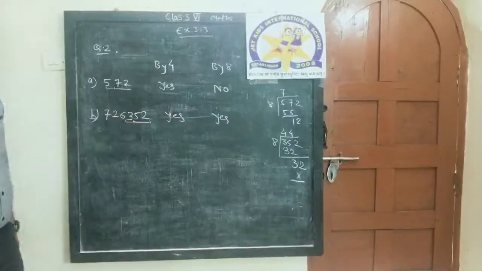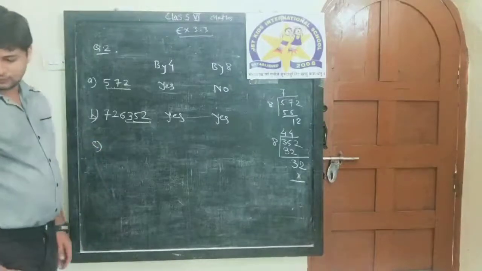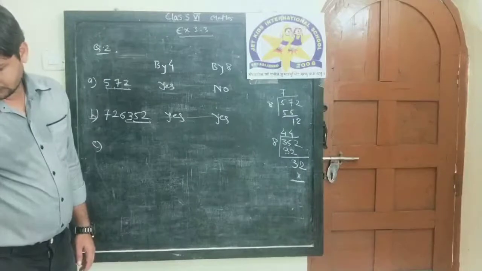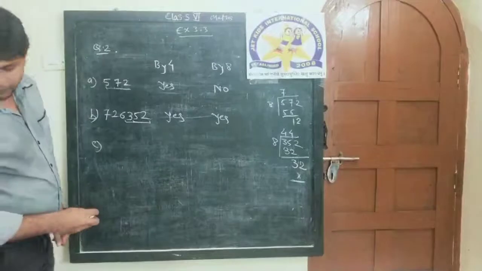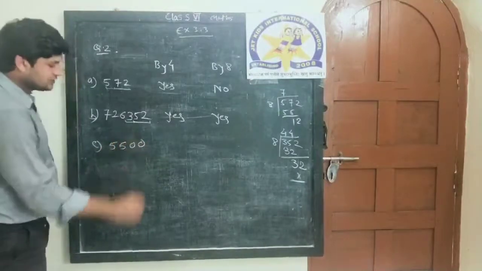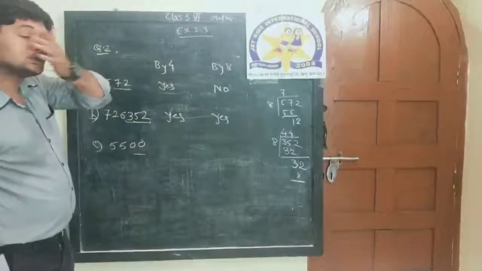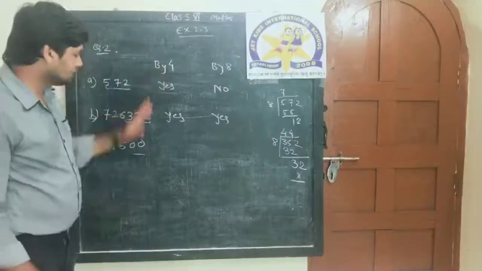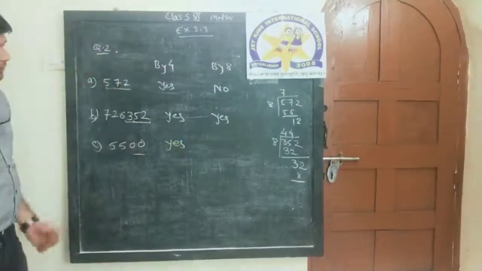Now C is 5500. First check the last 2 digits. The last 2 digits are 00, and 0 is divisible by any number, so yes, it is divisible by 4.